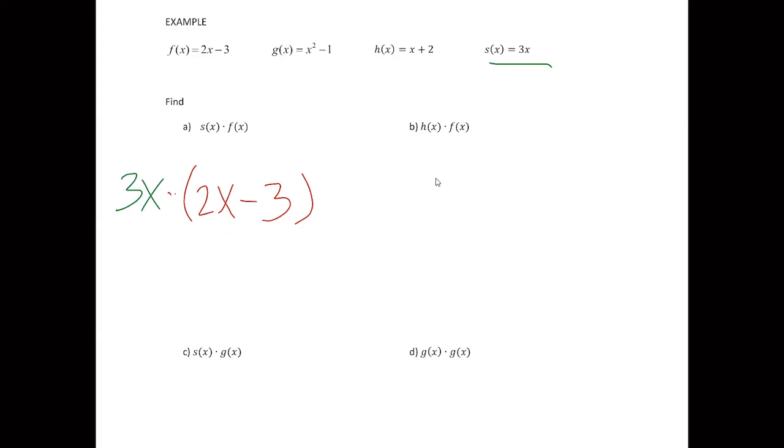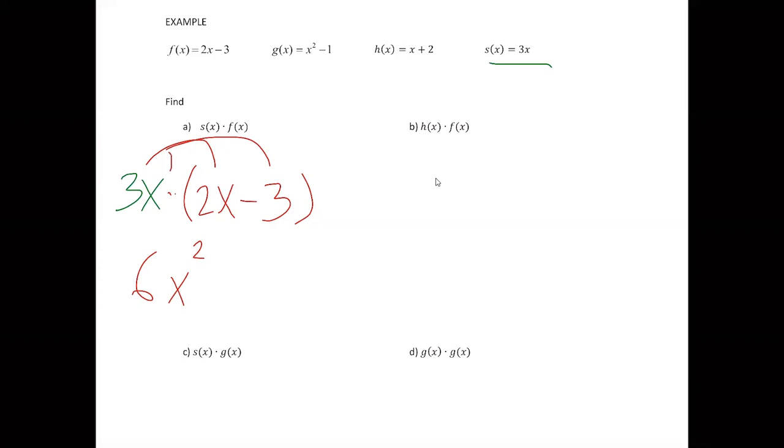So in this case, we have a single thing times a binomial, so we can distribute. We're just going to multiply these together. So 3 times 2 is 6. But when we multiply the variables, you have x times x. If you don't know, think about how many x's you have. You have an x and you have a second x, so you have 2 x's. Or you could also think of the exponents.